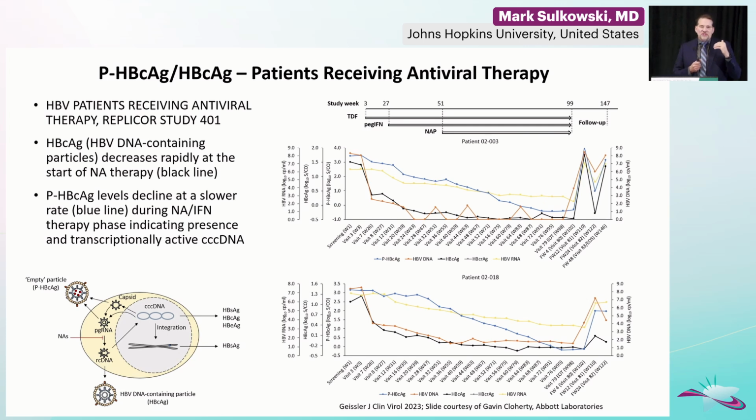Then they show a slower decline of phosphorylated hepatitis B core antigen during the interferon and nucleic acid polymer phase, indicating that although we're seeing the core antigen come down, these individuals are still transcribing cccDNA, and that must be essential if we're going to get to a functional cure.